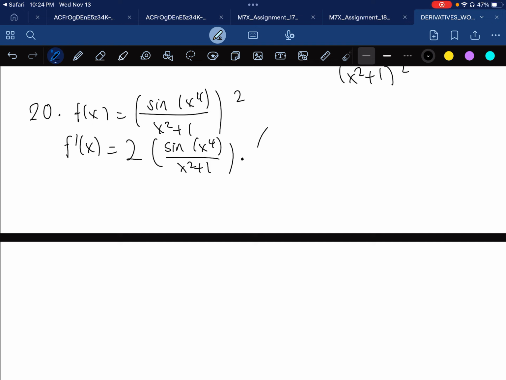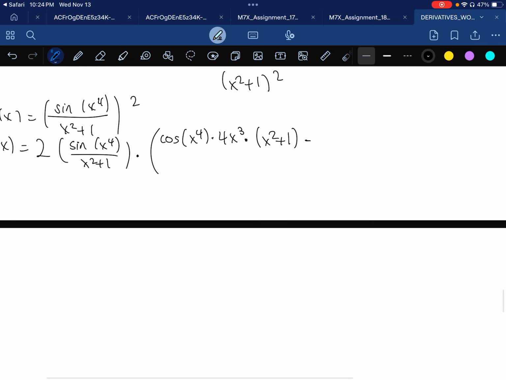So this is a quotient, so we're going to use quotient rule. The derivative of sine is cosine multiplied by the derivative of the inside, and we're going to multiply it by the denominator because we're still using quotient rule, minus the numerator times the derivative of the denominator, which is 2x. All of that over the denominator squared.